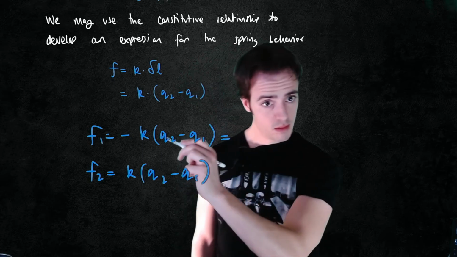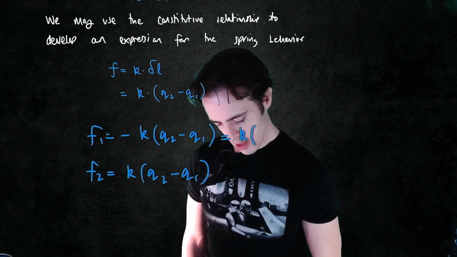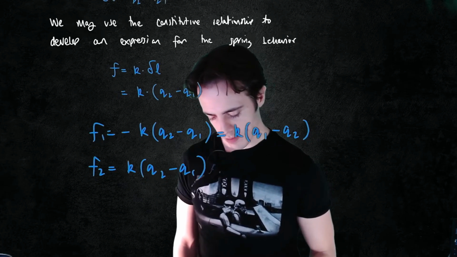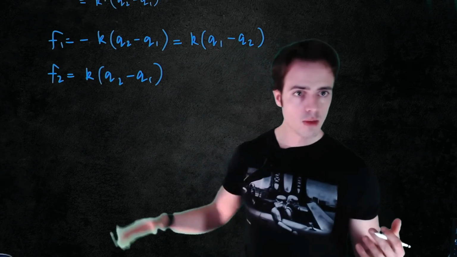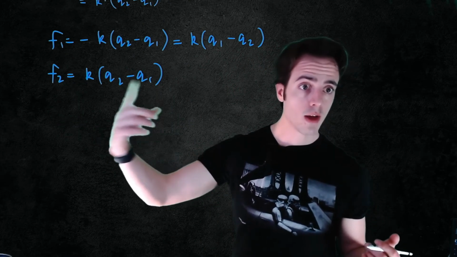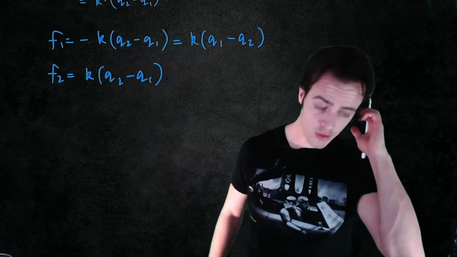Let's just get rid of the minus sign here. Let's see, it's K (Q1 minus Q2). So what we've now got are expressions relating the forces on the nodes, the displacements of the nodes and the spring stiffness. So we've got two equations. Let's put these into matrix form.